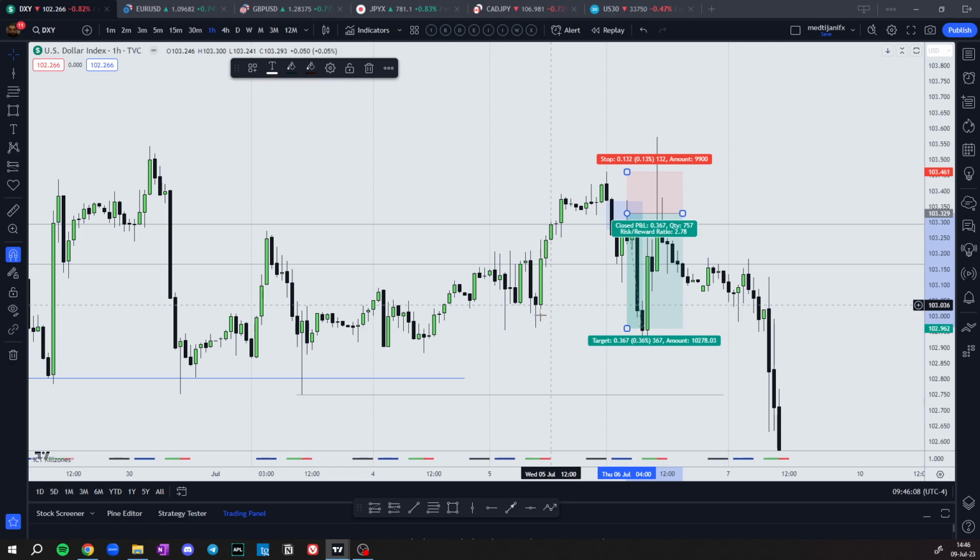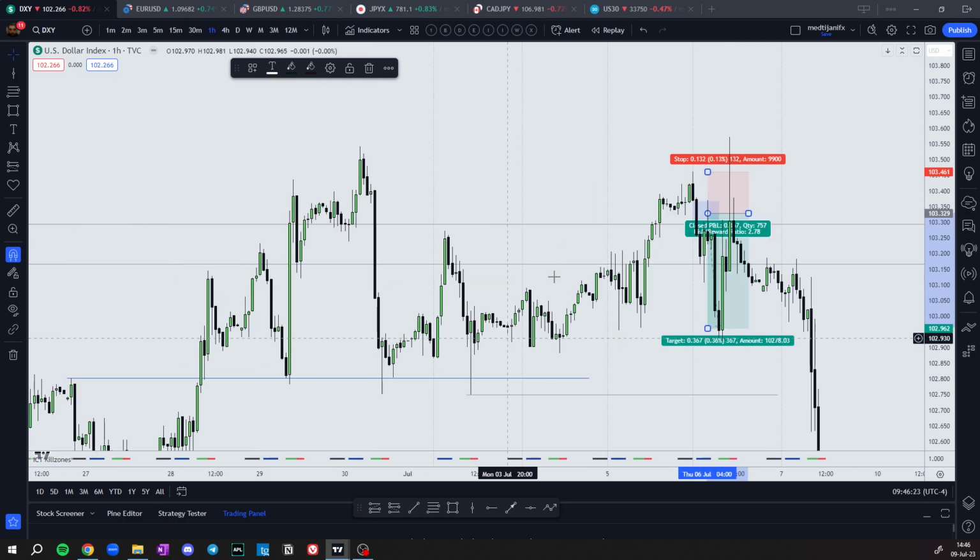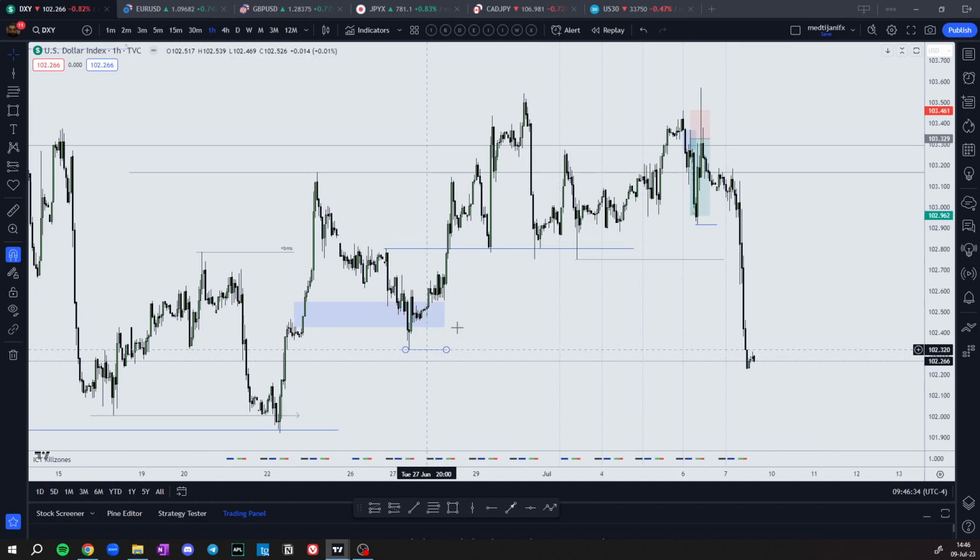So if you don't take your partial below this low here, and you say, okay, I'm waiting for price to check this accumulation low, or maybe because price is bearish and we are on the weekly level, I want to see price check a daily level, maybe below this low, then price will take you out, and then it will drop lower.